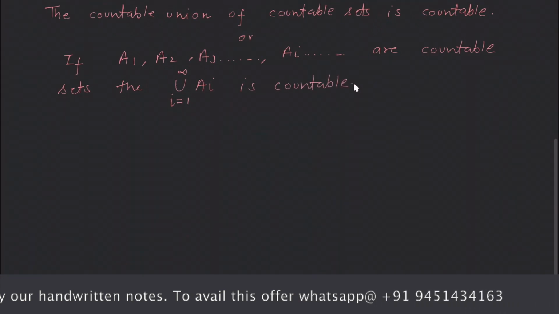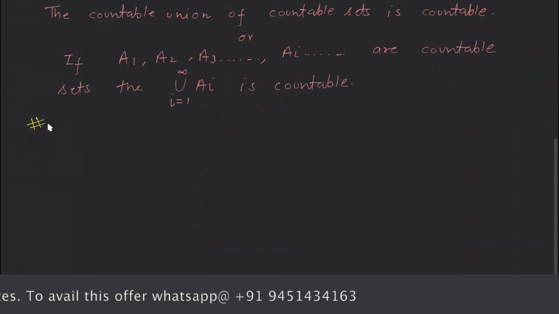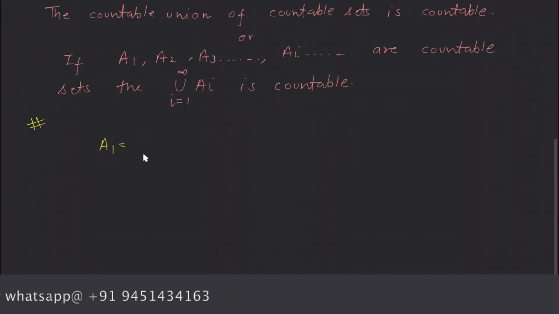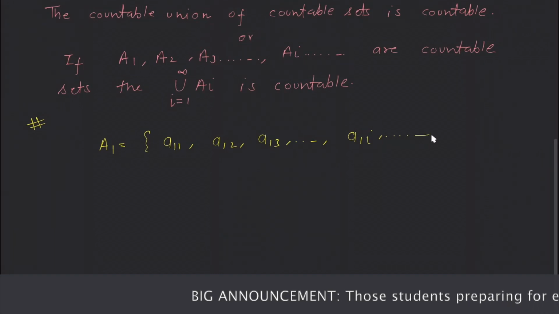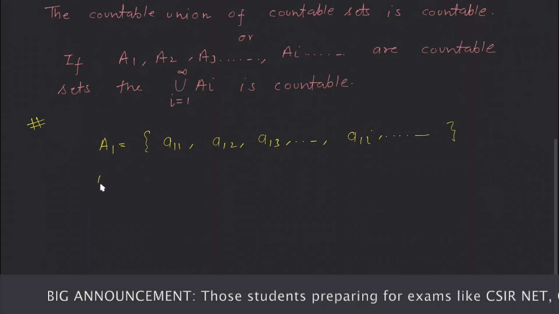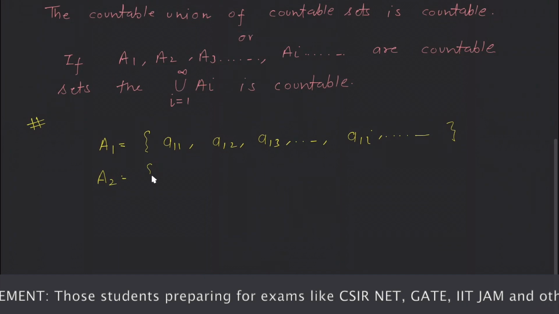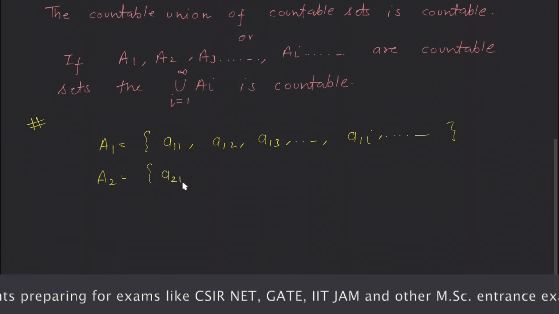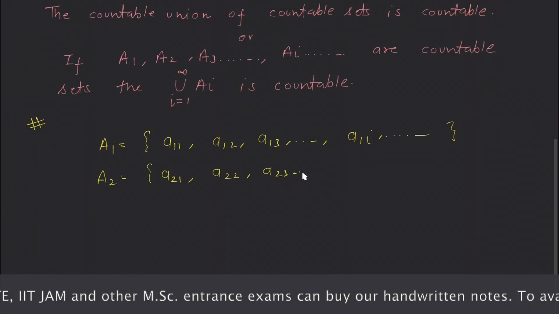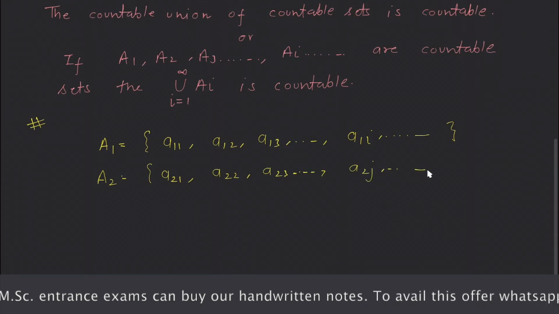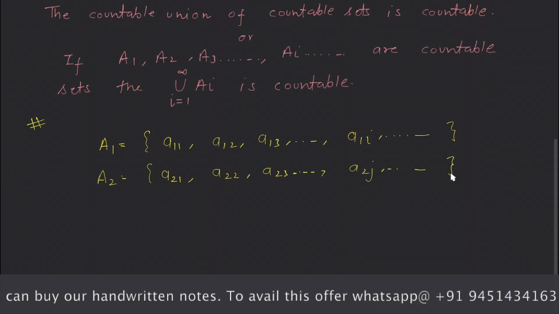Okay. Now let's prove. Suppose this set A1 has elements A11, A12, A13, A1i and so on. And suppose A2 has elements A21, A22, A23 and so on.